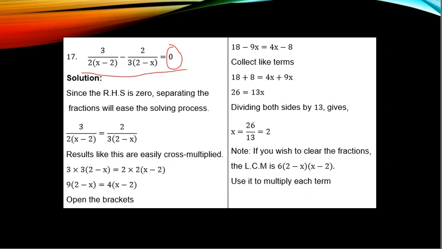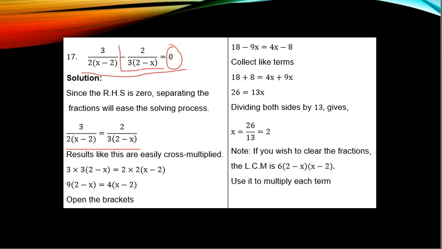If you separate the parts of the equation, it makes it easy to solve. Separating it means the term that is negative, you take it to the right hand side, since 0 is there, so it changes to positive, and that is what I did here.